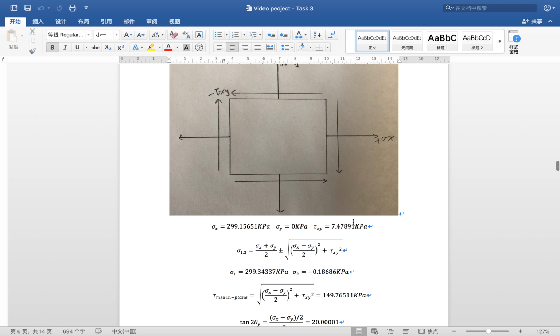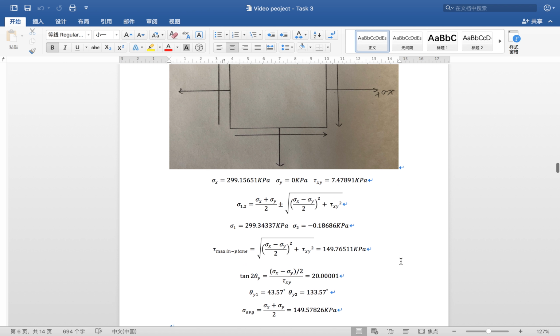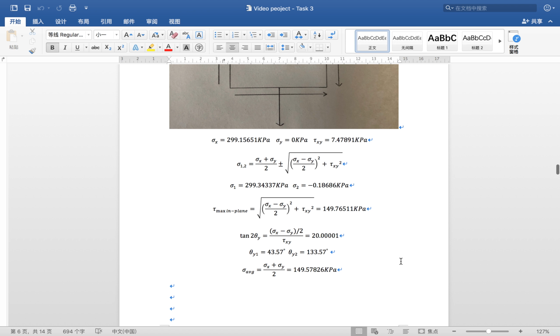In the principal stress, we use the bending stress and the shear stress we already got for the calculation. Sigma 1 and sigma 2 here are 299.34337 kilopascal and minus 0.18686 kilopascal.